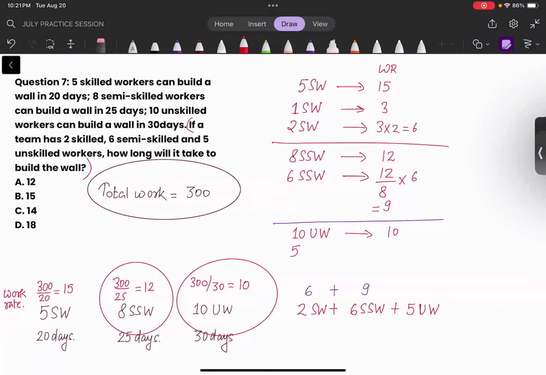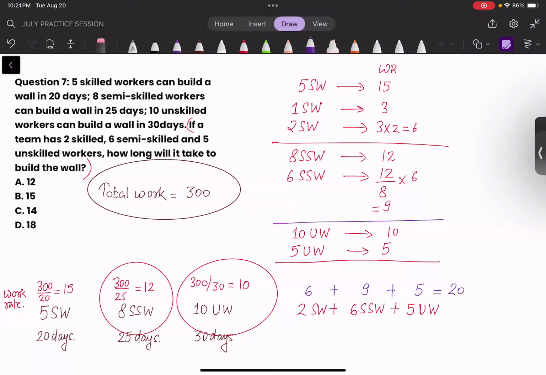So 5 unskilled workers will have a work rate of how much? 5. Straight answer. 10 workers 10, so 5 workers 5. So this gives you overall work rate of 6 plus 5, 11, plus 9, 20.